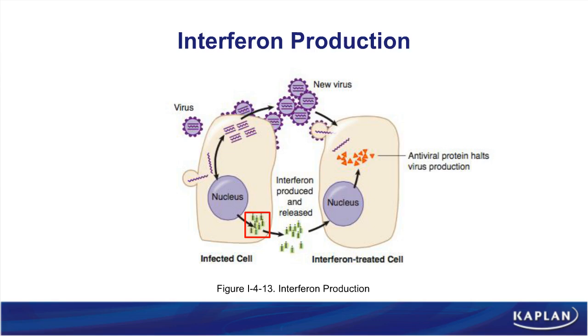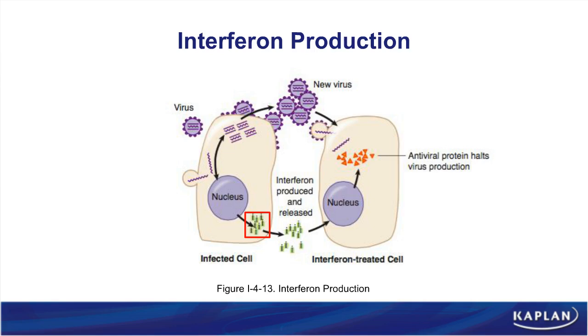What's really cool is that a very potent inducer of interferon for cells is double-stranded RNA. And that actually makes perfect sense because we don't typically have double-stranded RNA. Viruses, though, the bulk of which are RNA viruses, all at some point during their replication cycle will have to make double-stranded RNA.